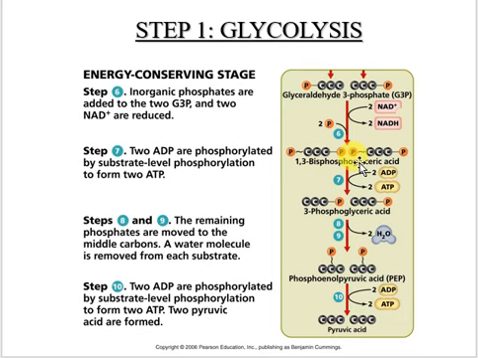The phosphate group that's added is very unstable because it's so high energetically. So these will almost immediately break off. And the break off of these phosphate groups allows for the regeneration of ATP through substrate level phosphorylation. So it forms 2 ATP.